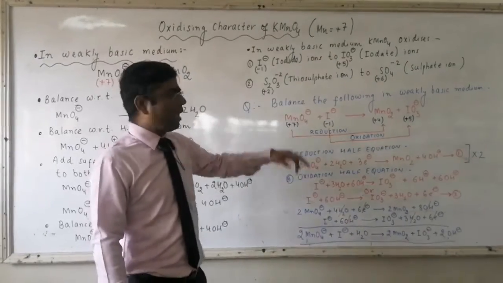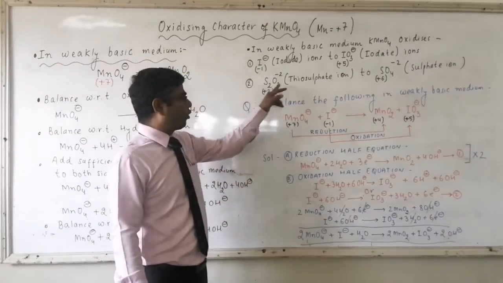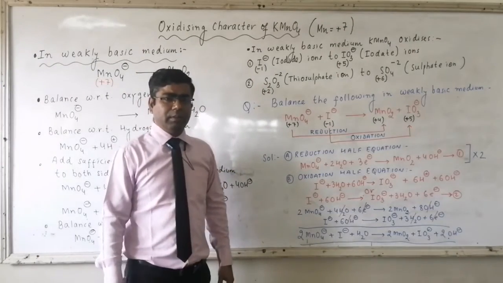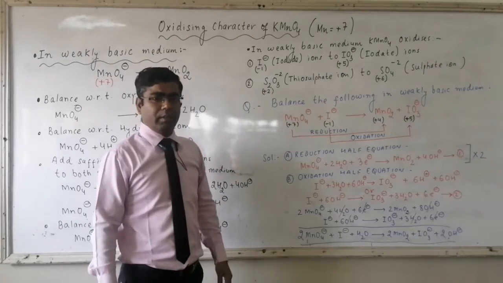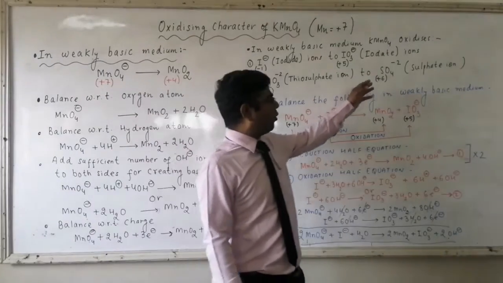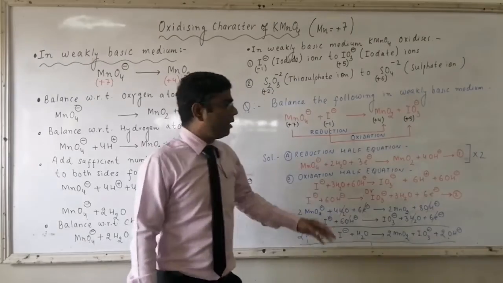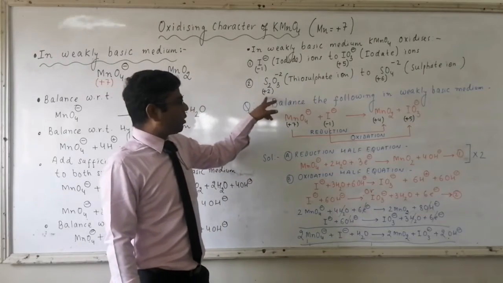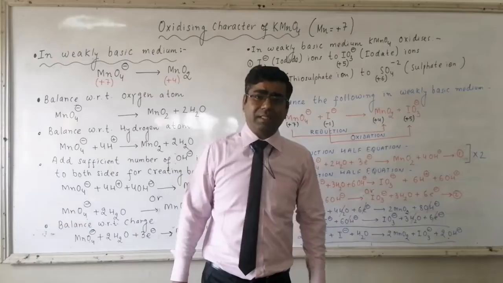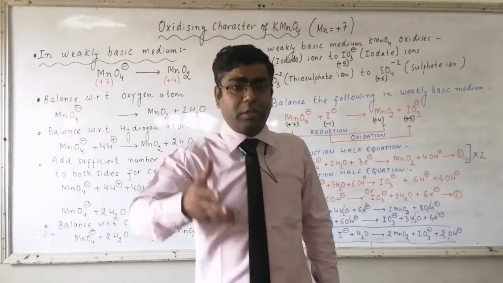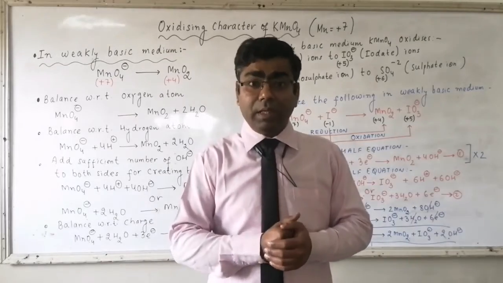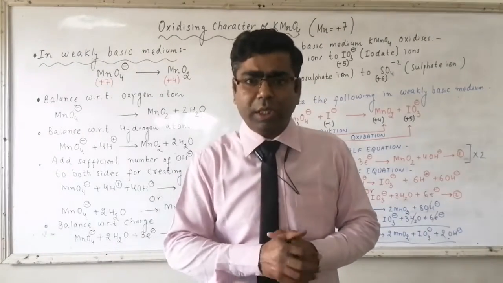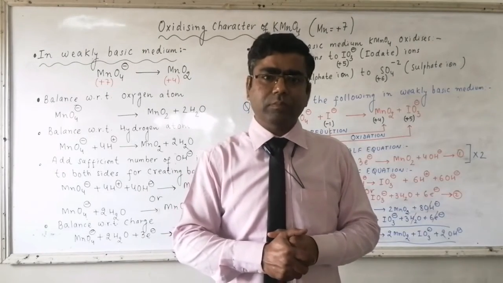And thiosulfate ion, that is S2O3 minus 2 ion, where the oxidation state of sulfur is +2, gets converted to SO4 minus 2 ion, which is called sulfate ion. The +2 state gets converted to +6 state. Again, there is an increase in oxidation state of sulfur. So this is oxidation of sulfur. It takes place in the presence of potassium permanganate.